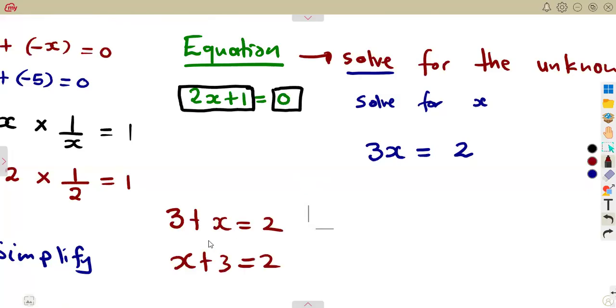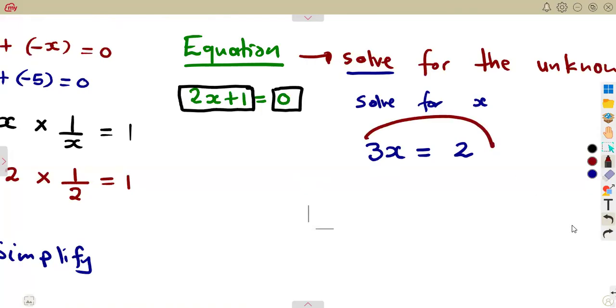This is different. 3x means 3 times x, not plus. So in this case, we cannot subtract a 3, we cannot add a 3, we cannot jump it to the other side because it is multiplied. There's a multiplication there.